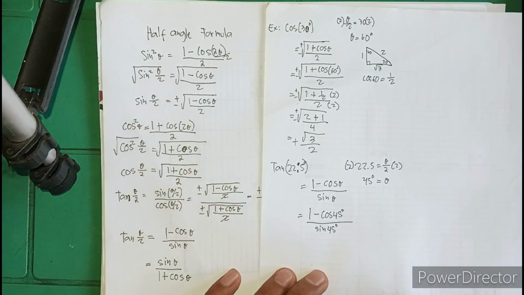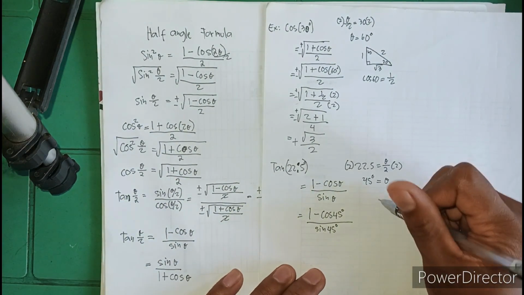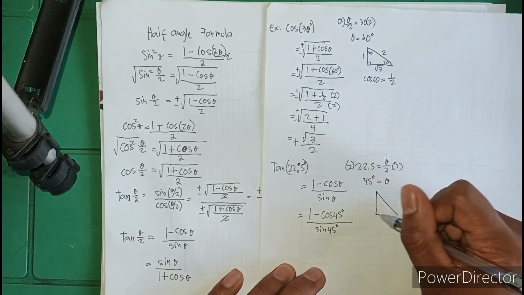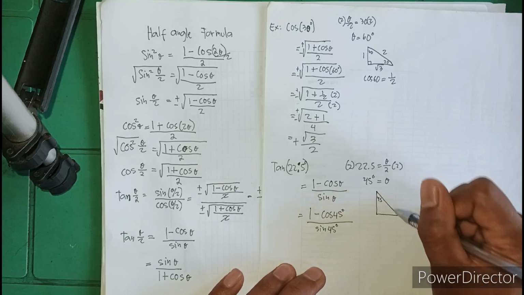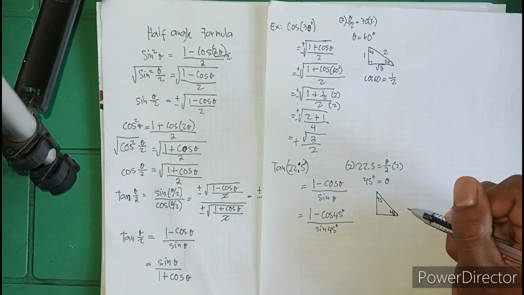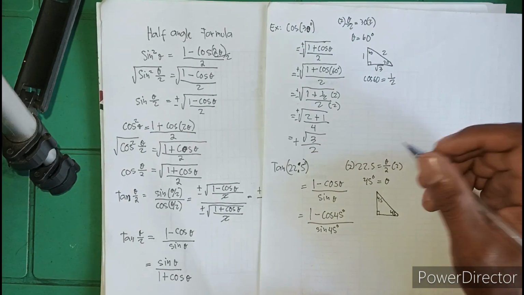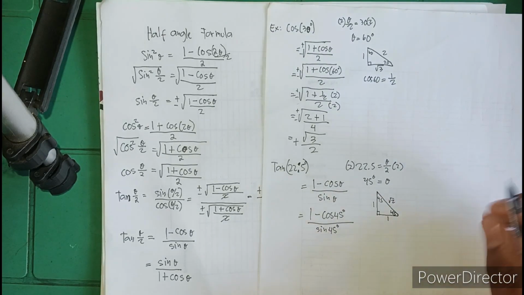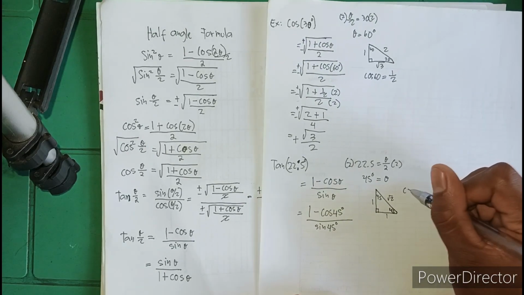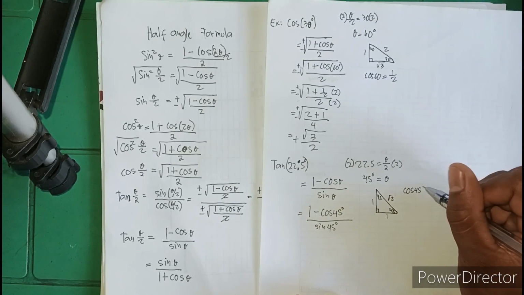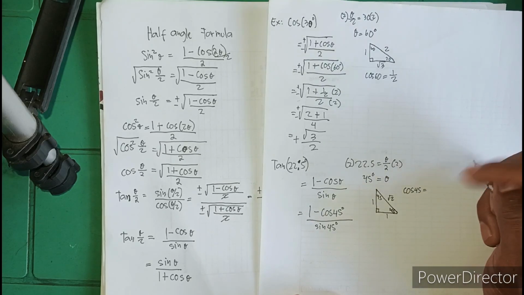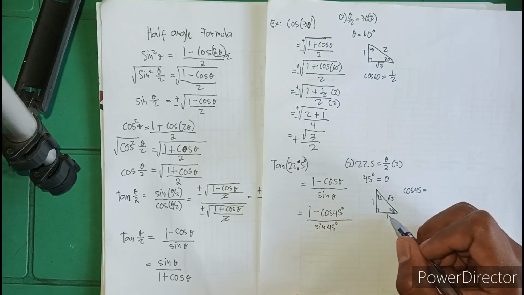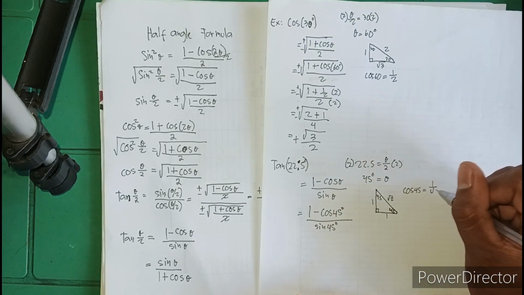So given that cosine 45 and sine 45, let's say this will be our 45-45-90 triangle, which is square root of 2, 1, and 1. So cosine 45, using the SOHCAHTOA, cosine is adjacent over hypotenuse, which is 1 over square root of 2.